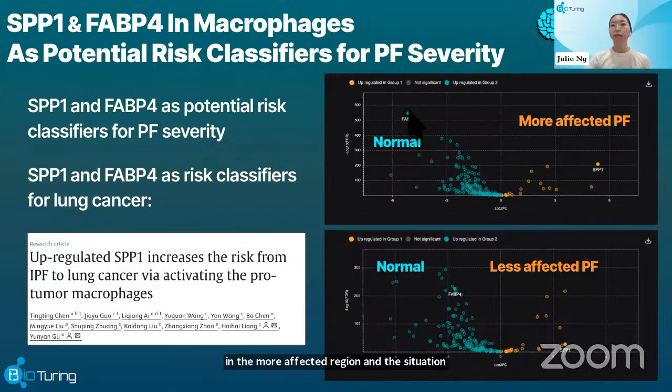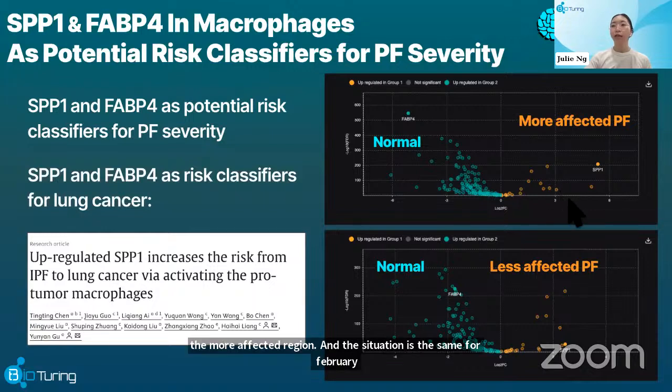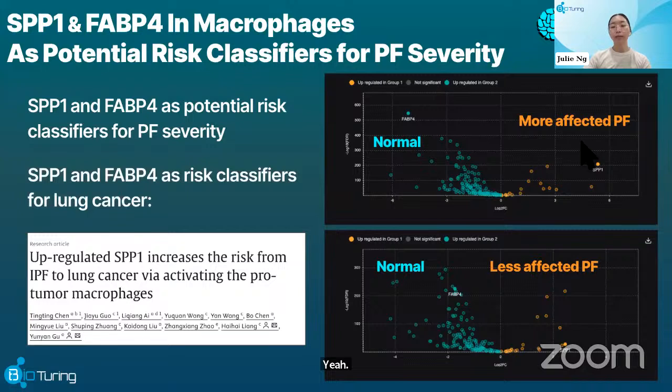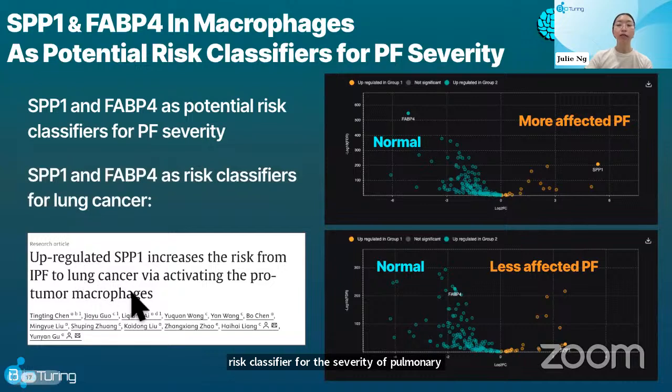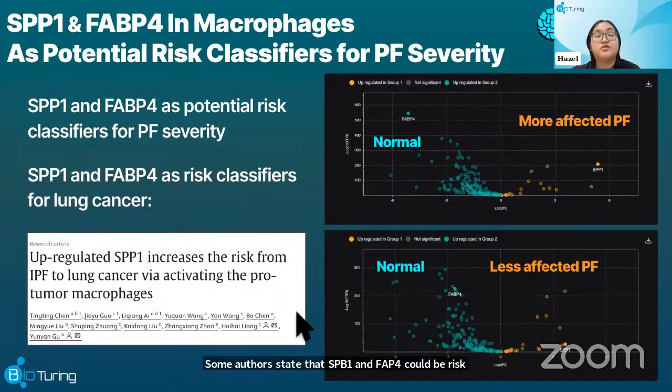Yeah, this kind of expression pattern is really interesting to see. It made me hypothesize that these two particular genes could present as a potential risk classifier for the severity of pulmonary fibrosis. And in previous literature, some authors state that SPP1 and FABP4 could be risk classifiers of lung cancer. That's interesting.